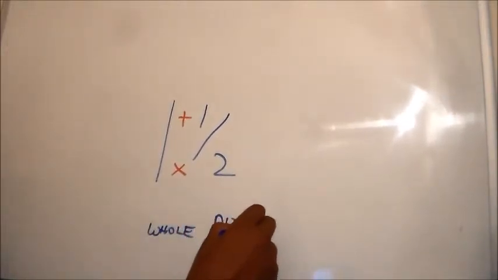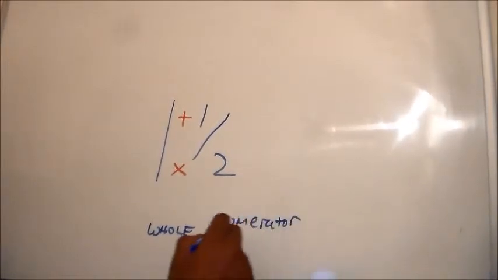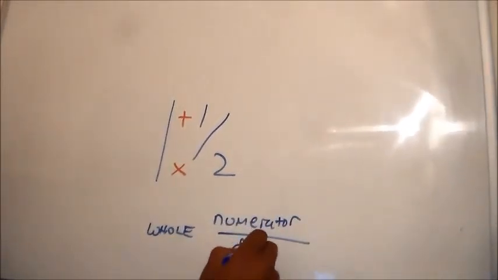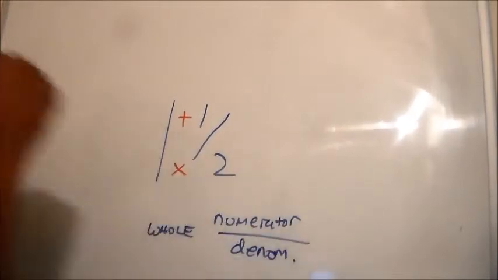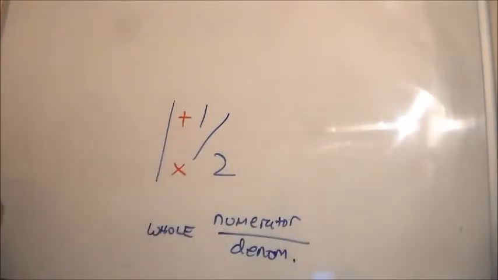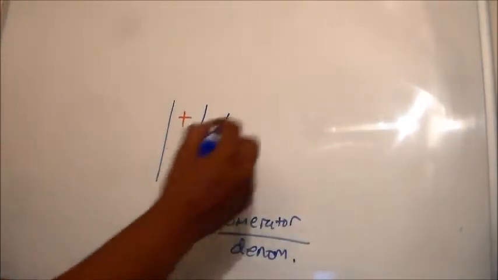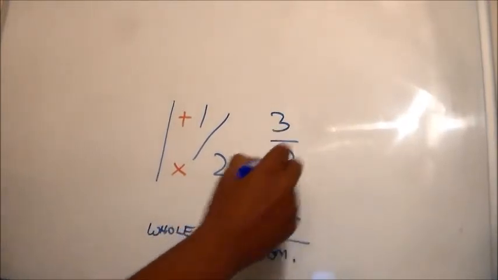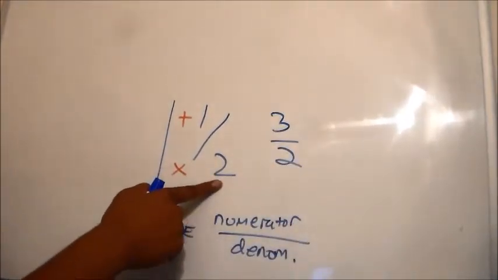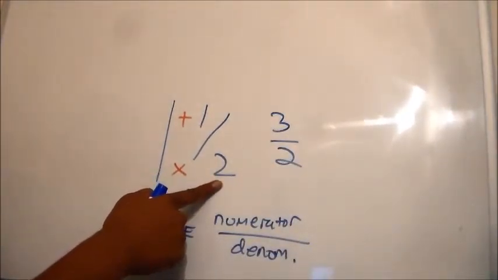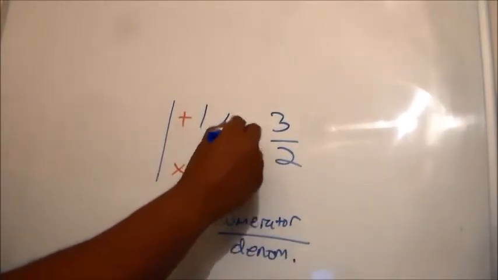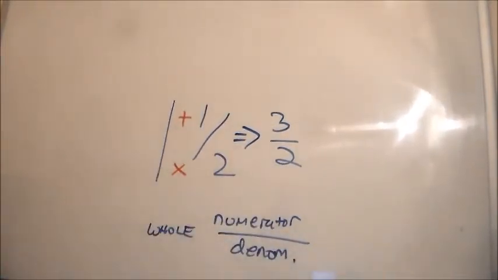Numerator. And then denominator. I'm just going to put denom for short. So how we find our improper fraction, which in this case will be 3 over 2, the 2 is always going to stay in the bottom of our resultant answer, right? We're always going to wind up with 2.